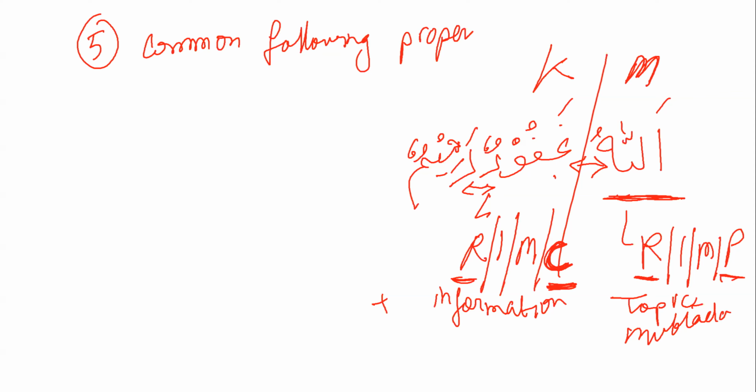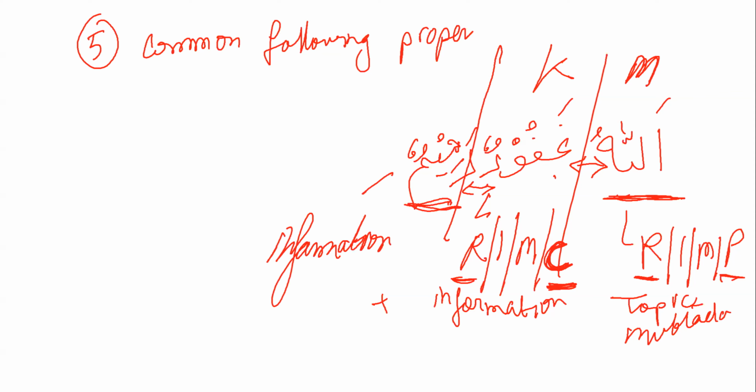So that means another bucket has come to an end. And now we have to see Rahimun, is it giving a topic or information? Information. It is unchanged to what came before it. So this becomes khabar 1 and this becomes khabar 2.